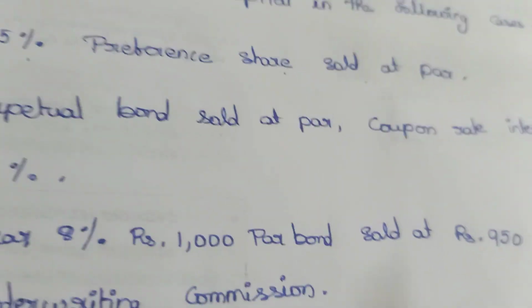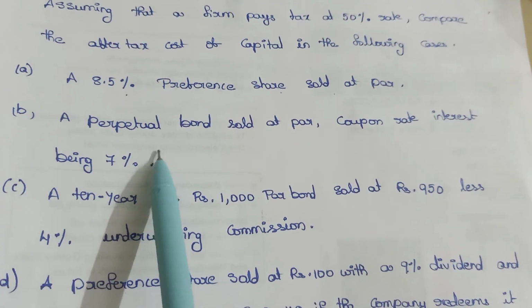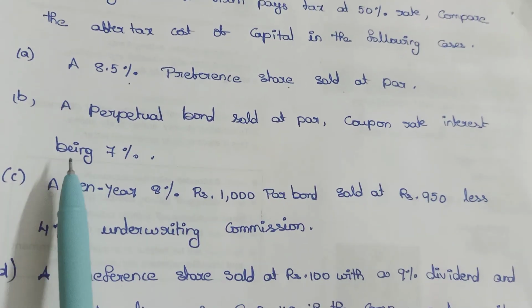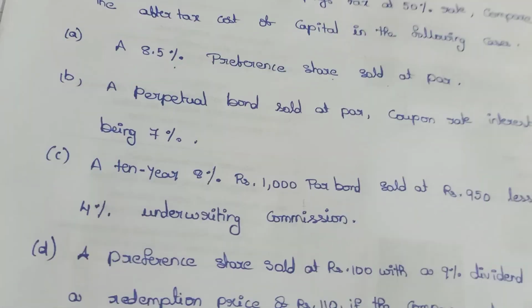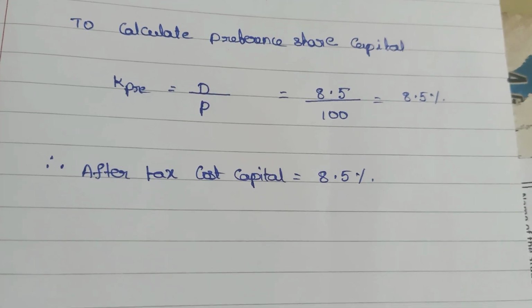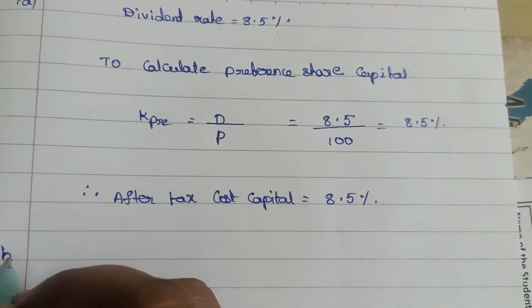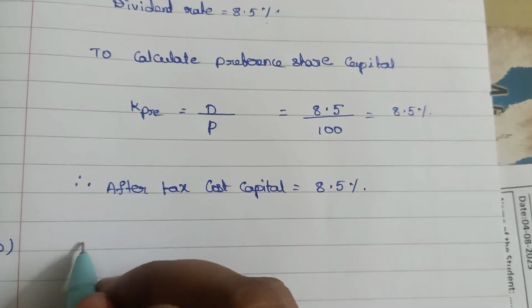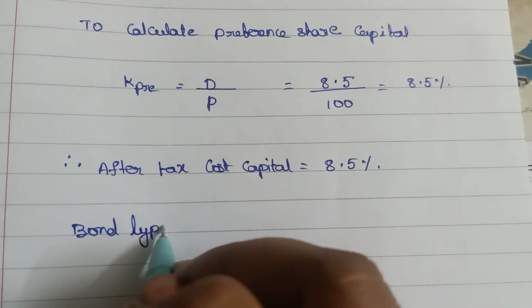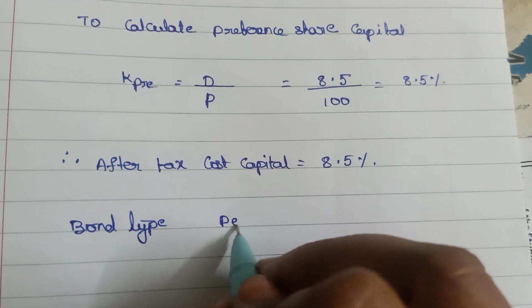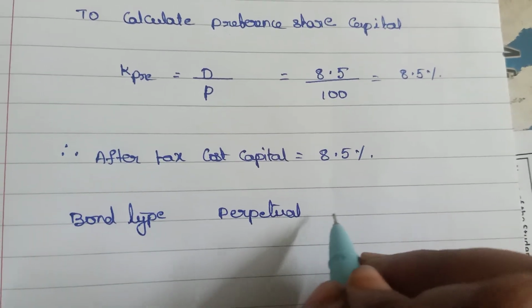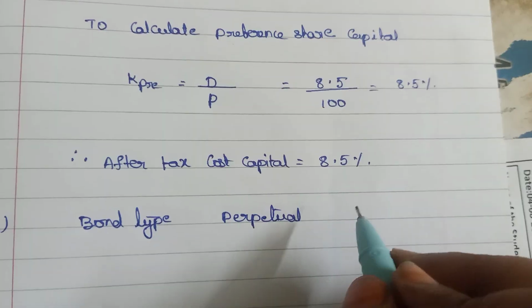Okay, next one. The next point, B: a perpetual bond sold at par, coupon rate of interest being 7%. Perpetual bond means we have to pay interest forever. So what is the bond type? The bond type is a perpetual bond, where we pay interest forever.